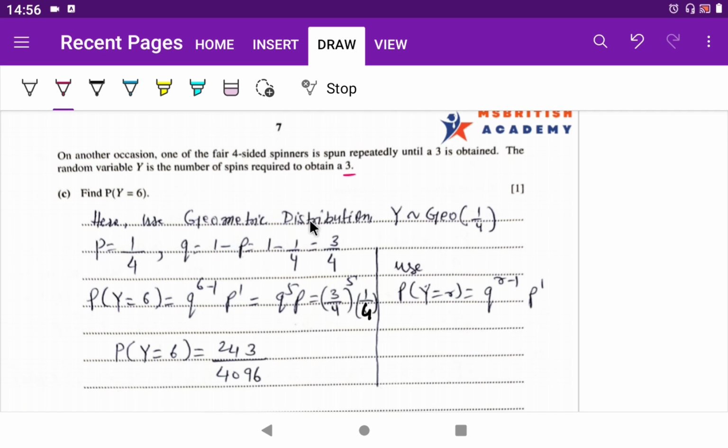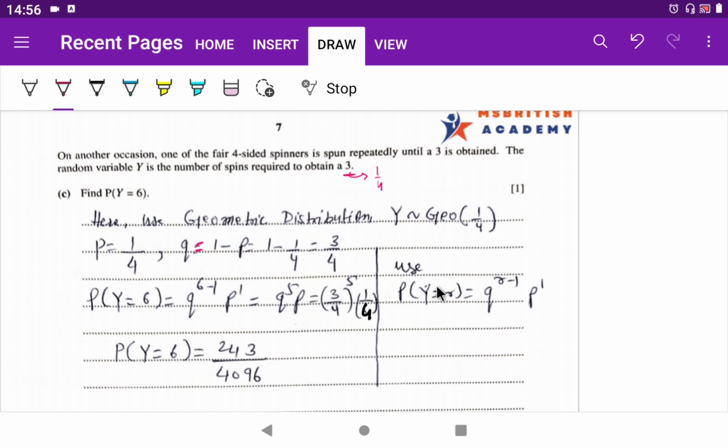Here use geometric distribution. The probability of getting 3 is 1 upon 4, and we are getting it at the 6th chance. So p is 1 upon 4 and q is 1 minus p. So we will get 1 minus 1 upon 4, so this will be 3 upon 4. And P(Y = r) is q^(r-1) multiplied by p.